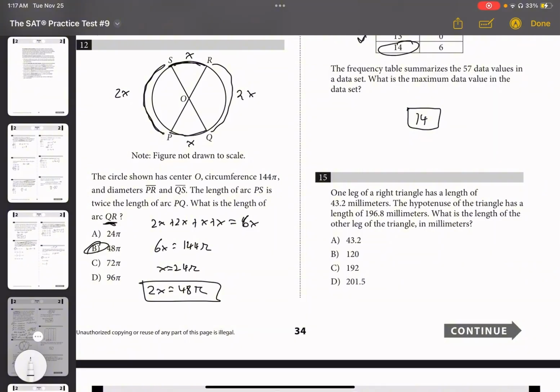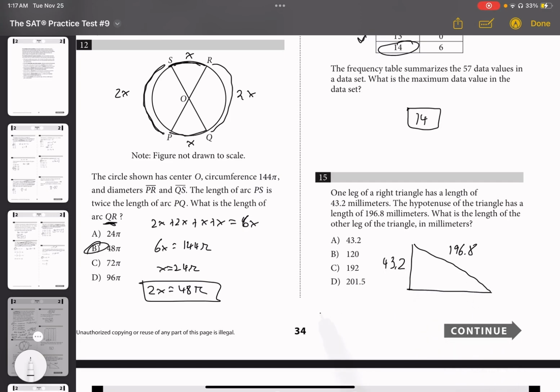Question 15. One leg of a right triangle has a length of 43.2 millimeters. The hypotenuse of the right triangle has a length of 196.8 millimeters. What is the length of the other leg of the triangle in millimeters? So we have 196.8, 43.2. This triangle isn't drawn to scale.